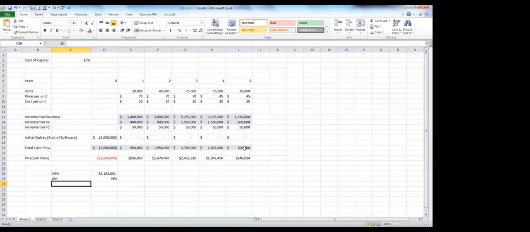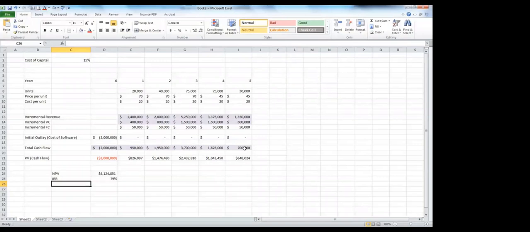So we're also going to talk about mutually exclusive projects. If you were given 2 projects and you had to decide on just one, so they're mutually exclusive, you can't do both, you can only do one. You would do the project that gives you the higher NPV, because it's providing you with the highest present value of cash flows.